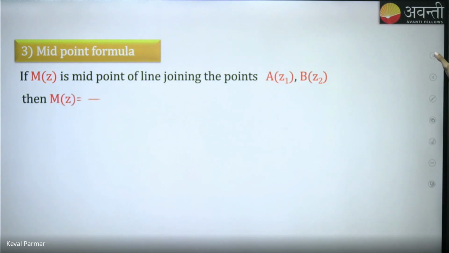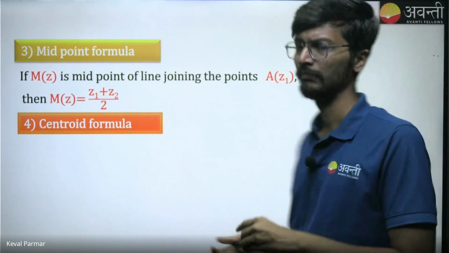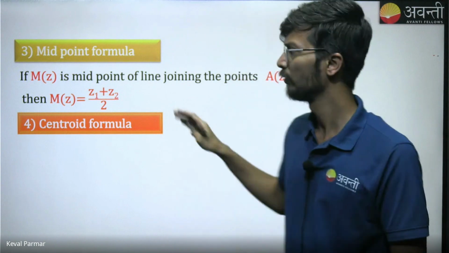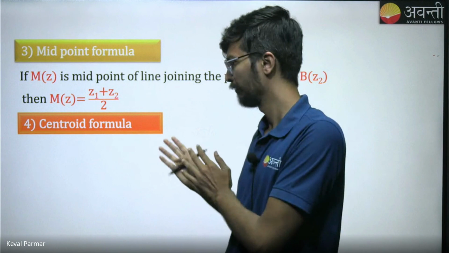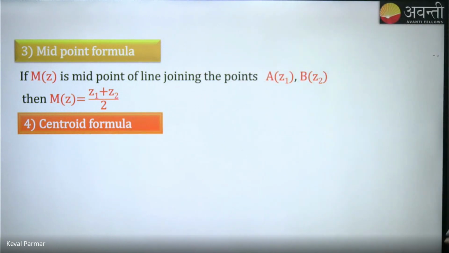Which is z1 plus z2 upon 2, same as done in coordinate geometry. So it is better if you relate this to coordinate geometry, and it would be better if you can get me the centroid formula. What is the centroid formula? Centroid formula, guys.